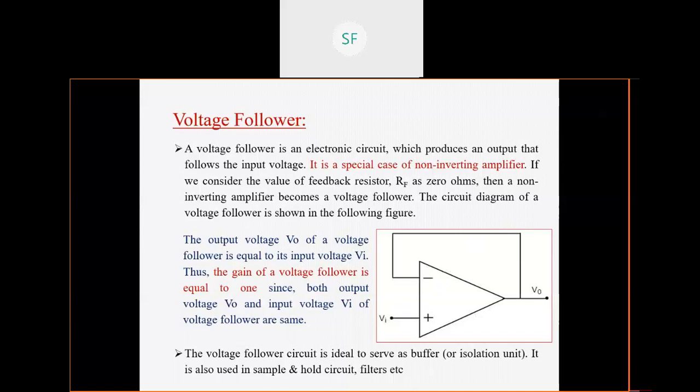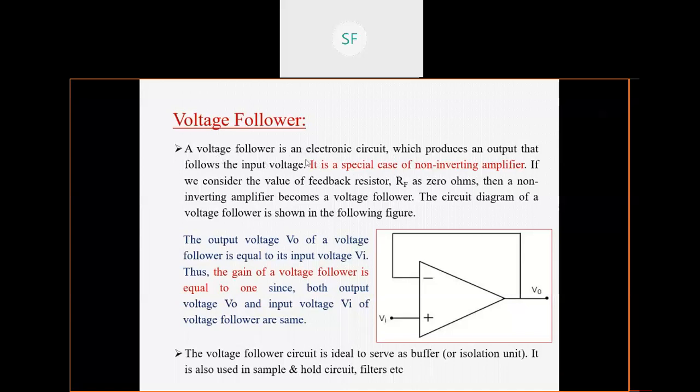So don't mix these two points. The first point is, how will you identify whether it is non-inverting or inverting? You have to check the input voltage. If input voltage is given to non-inverting, it will be a non-inverting amplifier. If it is given to the inverting terminal, it becomes an inverting amplifier.